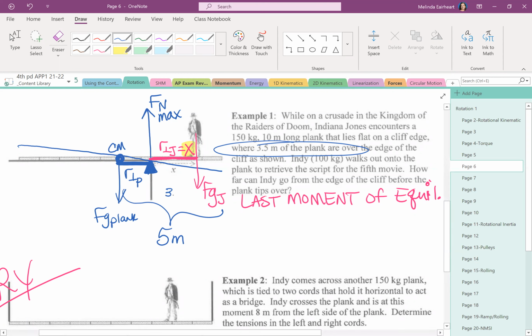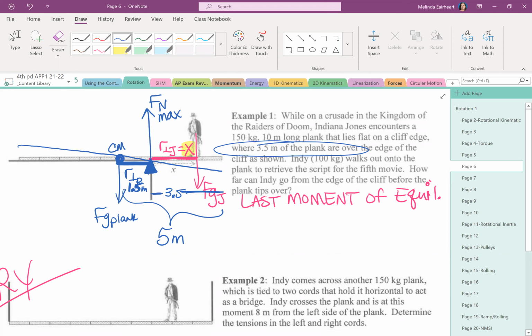It means 3.5 includes X, but plus some. And so with those numbers, what's the lever arm for the plank's gravitational force? Five minus 3.5, 1.5. And so 1.5 meters for the plank's lever arm.